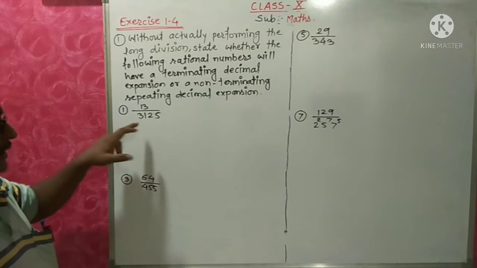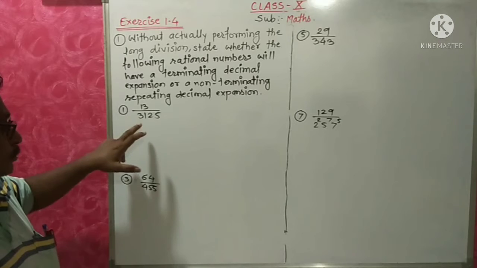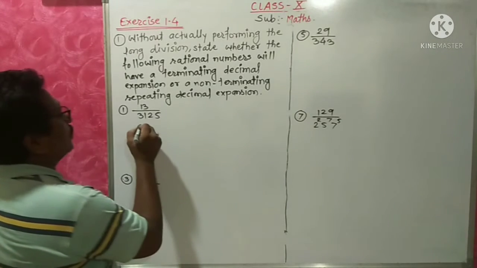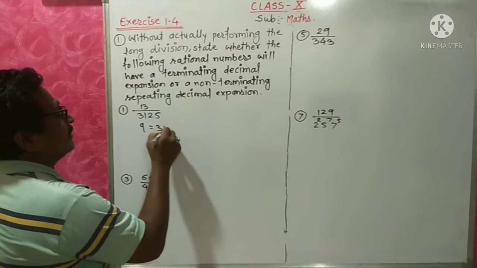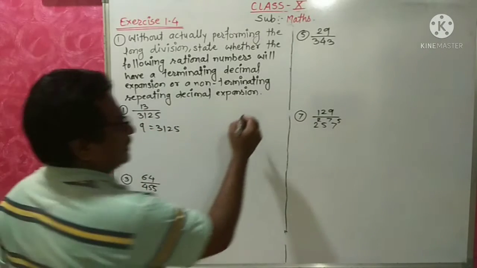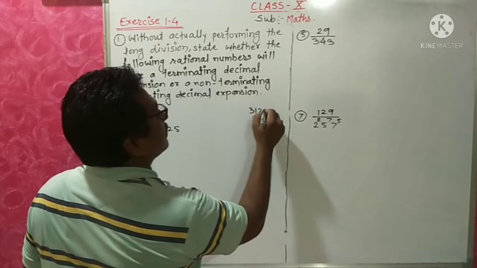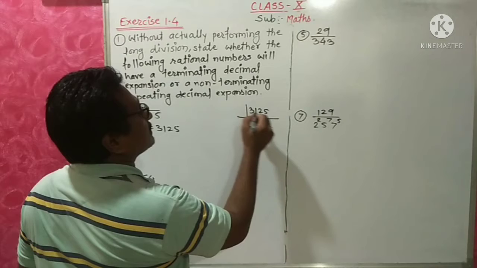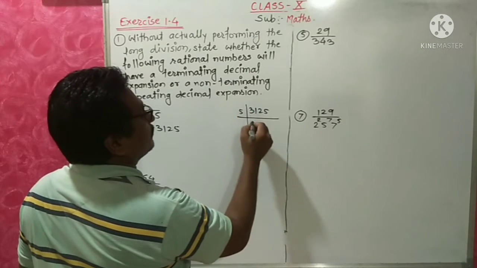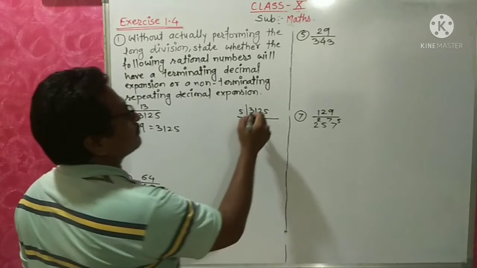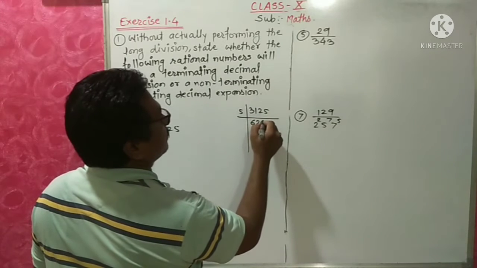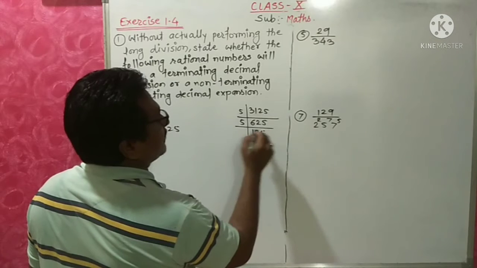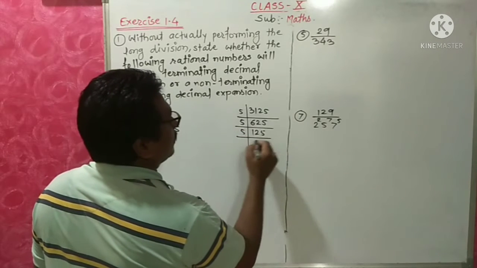So here the denominator is Q. See the factors of Q. Q equals 3125. Check the factors of 3125. 5 6s are 30, 5 2s are 10, 5 125s are 625... 5 25s are 125, 5 5s are 25, 5 1s are 5.